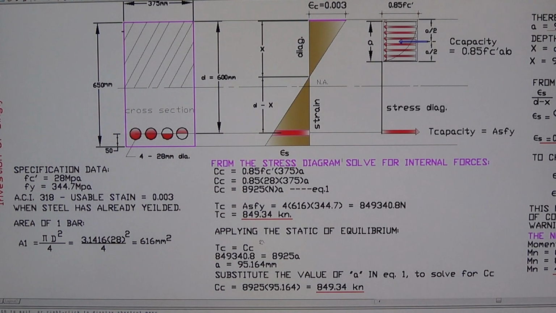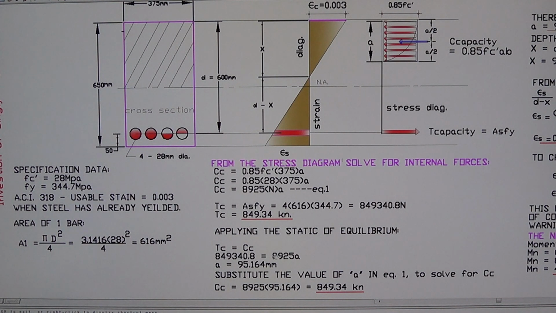Substitute the values there. Now you can solve for a. Tension is 849,340.8, equal to the compression capacity 8925 a, and from this equation we can solve for a.